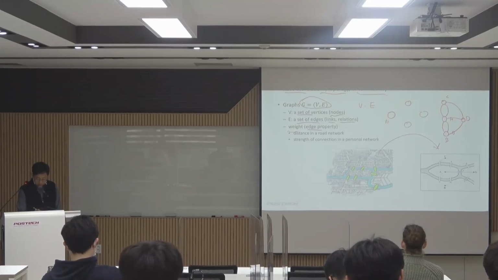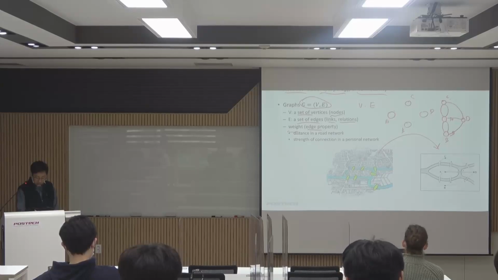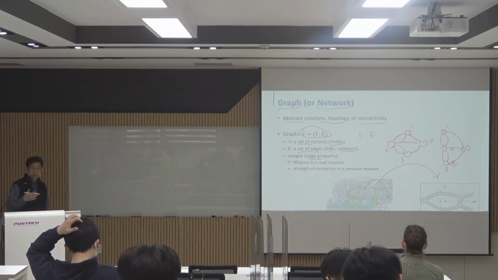We can write A, B, C, D, and see the connectivities: between A and C like that, between A and B like this, between B and D, A and D, and C and D. Those pretty much represent the same thing, so in a topology sense, these two are the same.